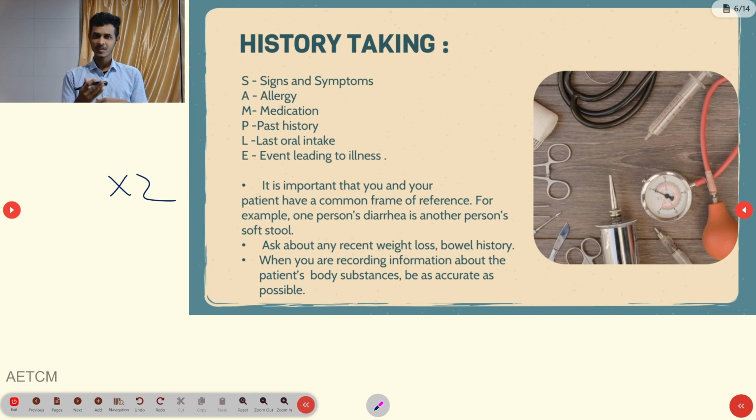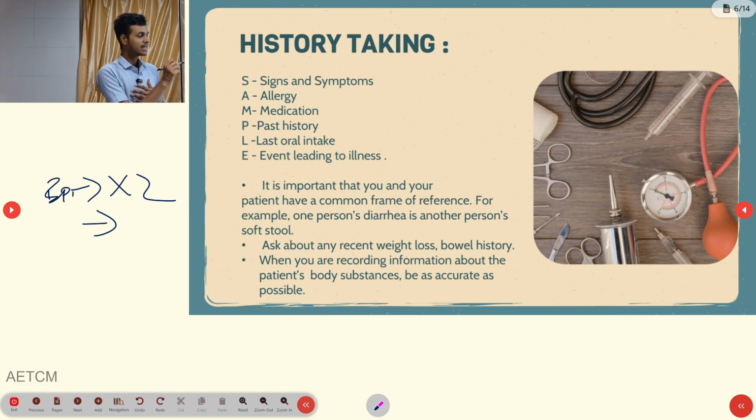At the same time, if it is vomiting, how many episodes of vomiting. The second important thing, after episodes, is the content of the substance. If it is vomiting, it may be food content, or it may be bilious content. Bile content will be a yellowish green color.